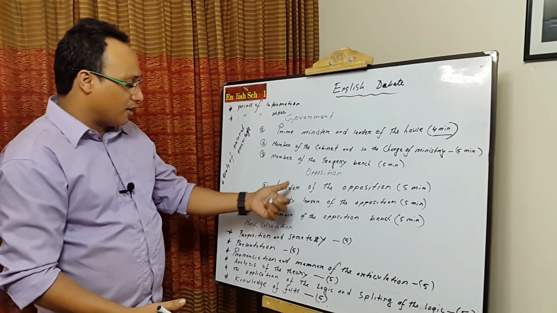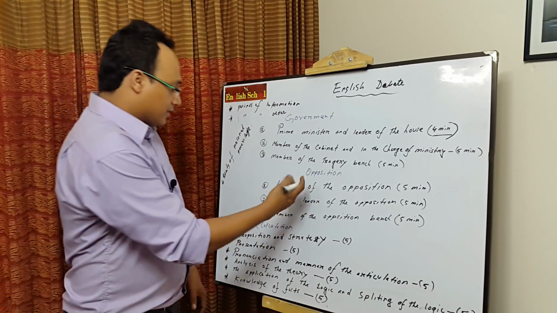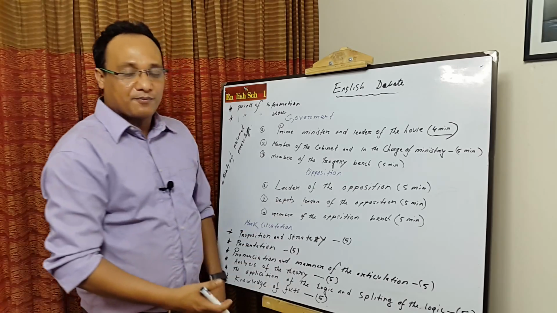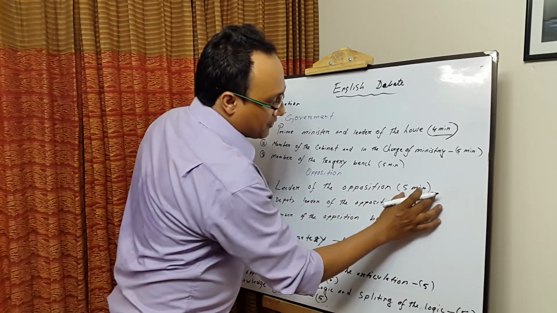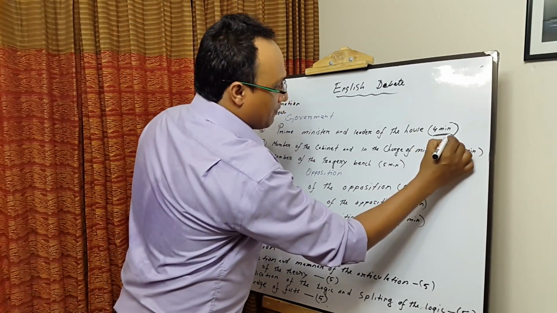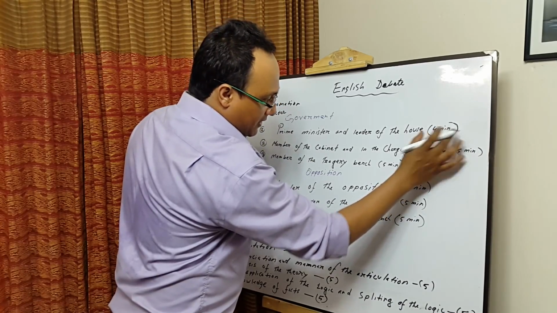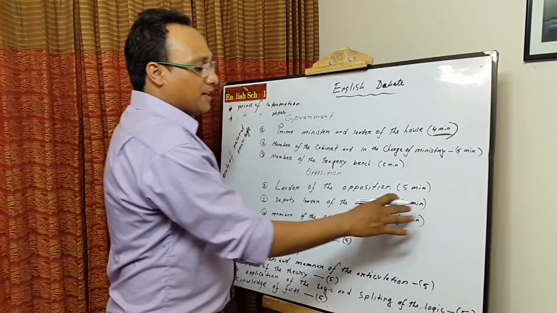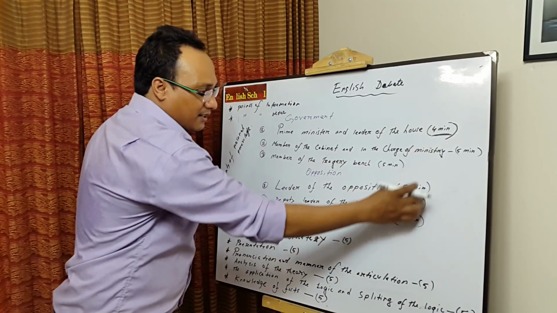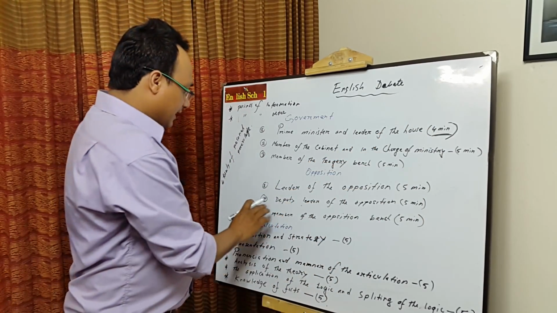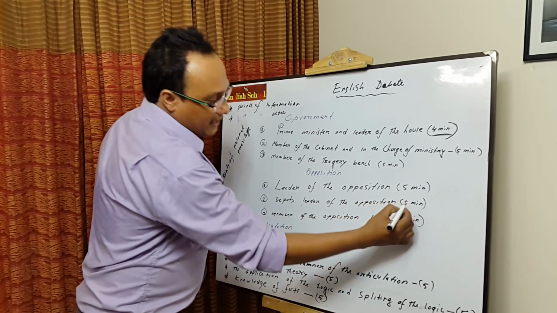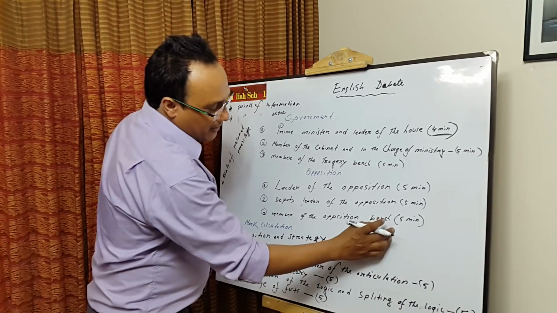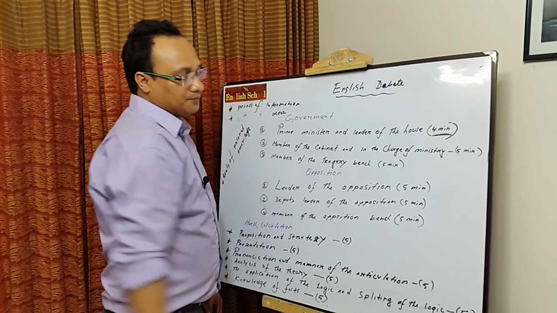Now we are going to learn about the opposition. The leader of the opposition will get 5 minutes. The deputy leader of the opposition will get 5 minutes, and the member of the opposition bench will get 5 minutes.